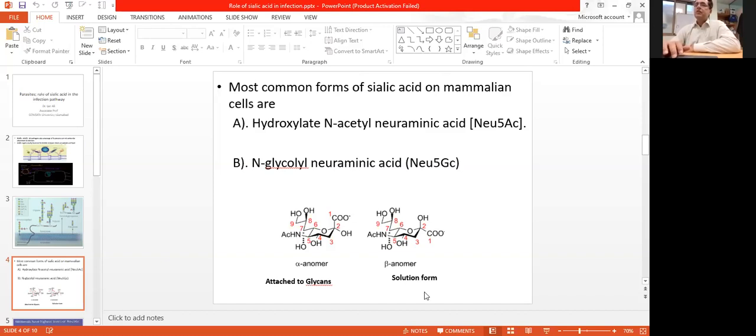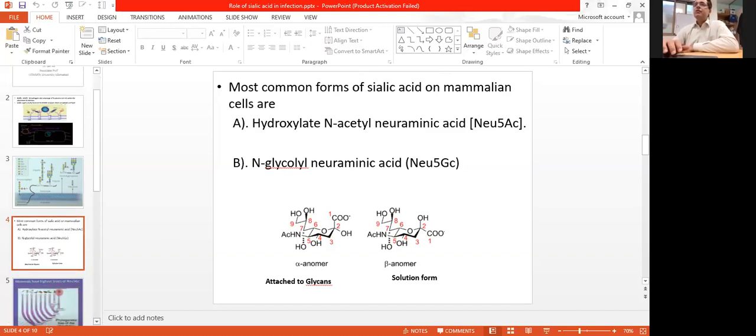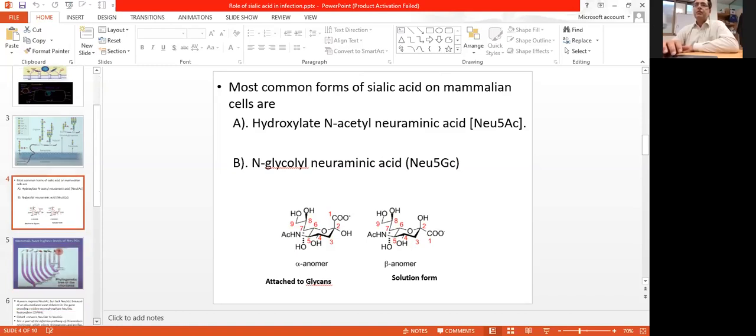And when it is not attached to glycoproteins, rather it is in some solution form, 90% of these sialic acids are in the beta anomeric form. So these are two of the, you can say, most common forms found on the surfaces of the mammalian cells.